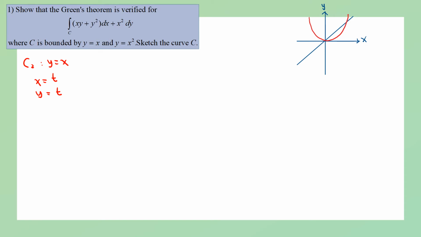So you will substitute in P dx plus Q dy, you will get the single integral, x is t, y is t, plus t squared, dx. So dx is equal to dt, plus x squared, here is t squared, okay, dy is equal to dt.